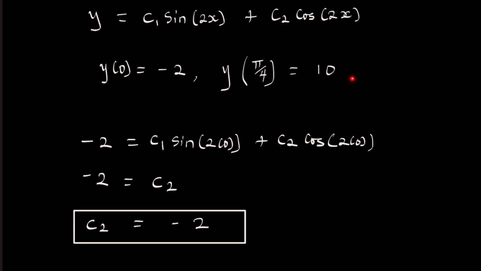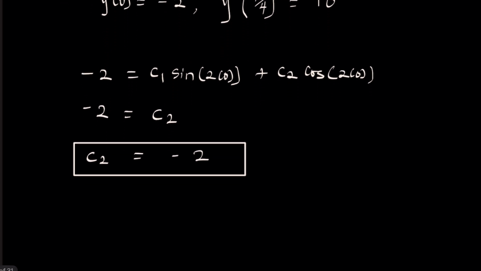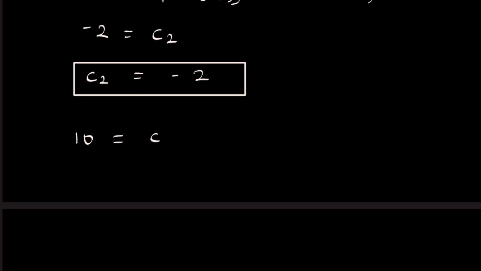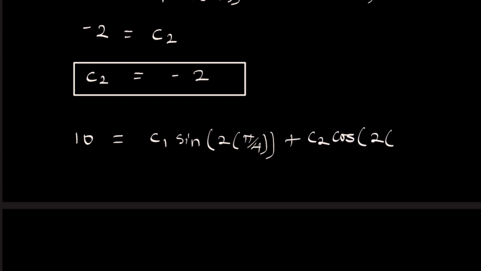Also, from our second subsidiary condition, we have when x is pi on 4, y is equal to 10. So we substitute these values into our general solution, and so we are going to have 10 is equal to c1 sine of 2 multiplying pi on 4 plus c2 cosine of 2 multiplying pi on 4.